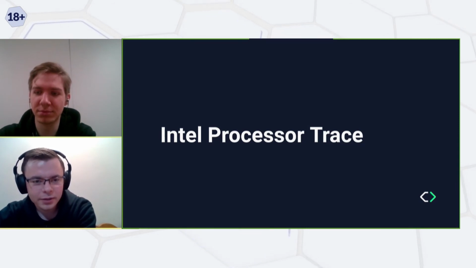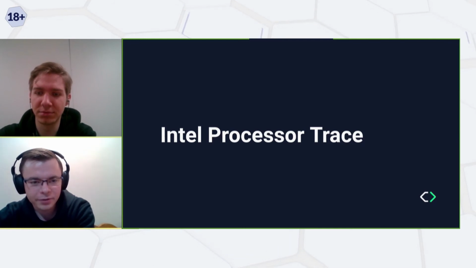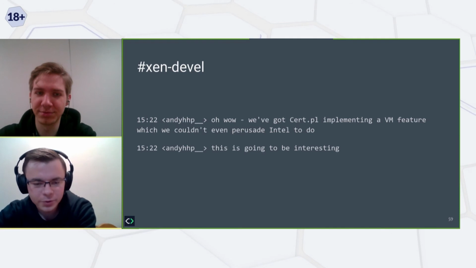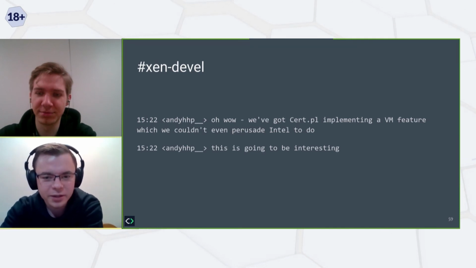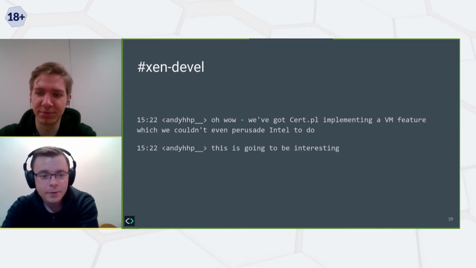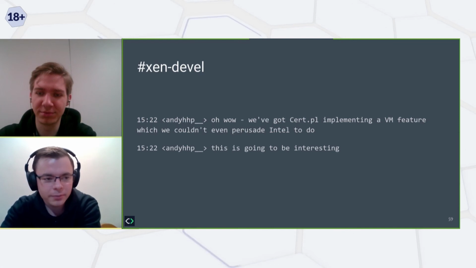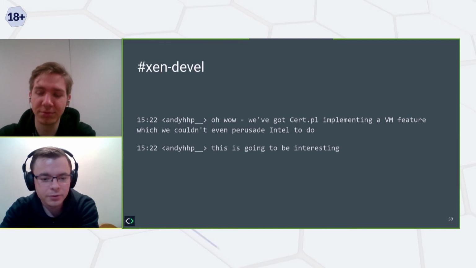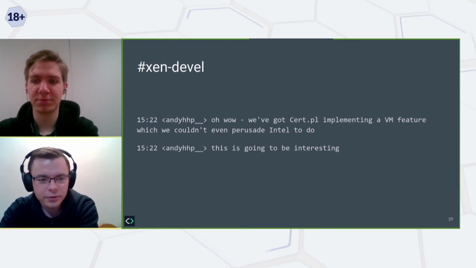Okay, and another feature that could be implemented using a hypervisor level sandbox. Since we chose to implement the sandbox on the hypervisor, we could use some features that are not available to kernel mode or user mode sandboxes.